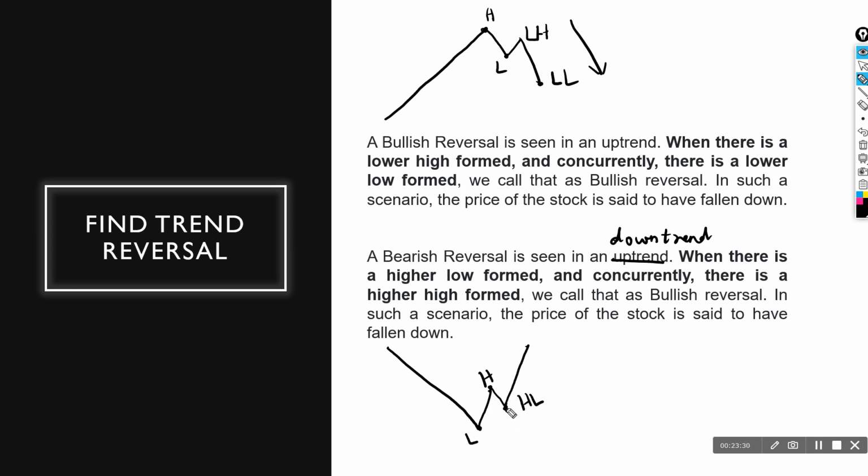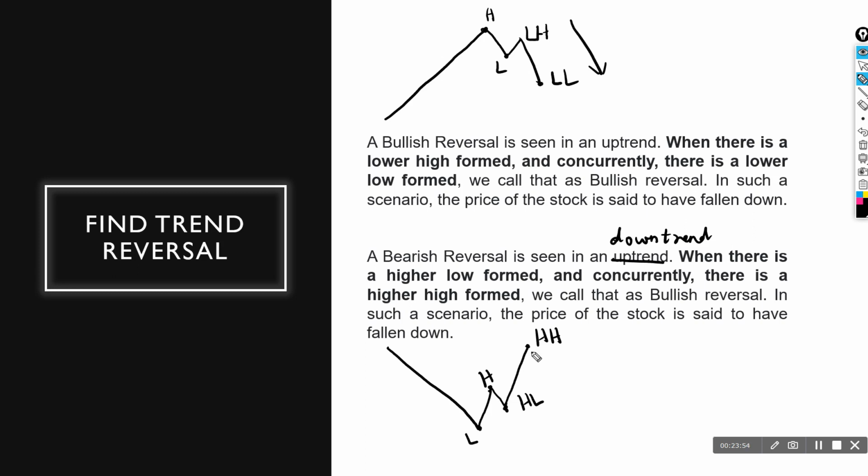All right, so higher low I have, and here we have higher high. In case this kind of pattern is seen, wherein you have a higher low that has not crossed the lower point, and it has moved up and formed a new higher high, you can say it is a bearish reversal.